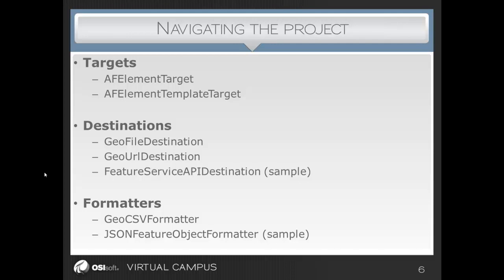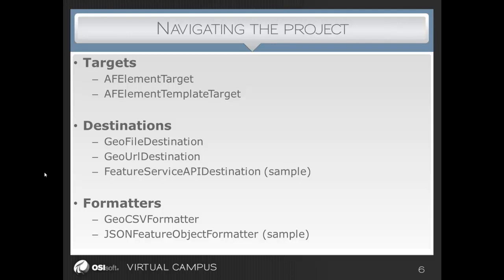And you can use multiple of those in your feed. You can also set the AF element template target, which we used in the configuration example in the previous slide. This will allow you to select an AF element template and use all the instances of elements that implement that AF element template.